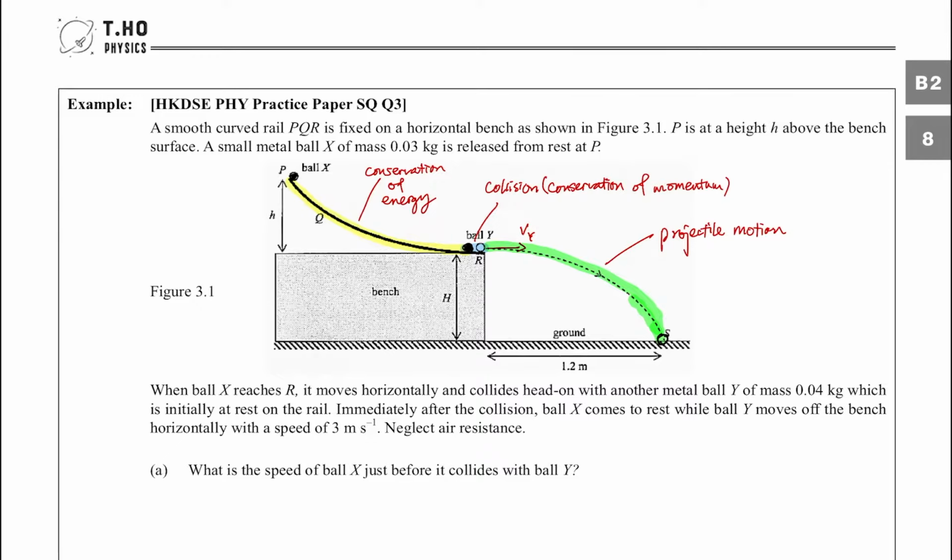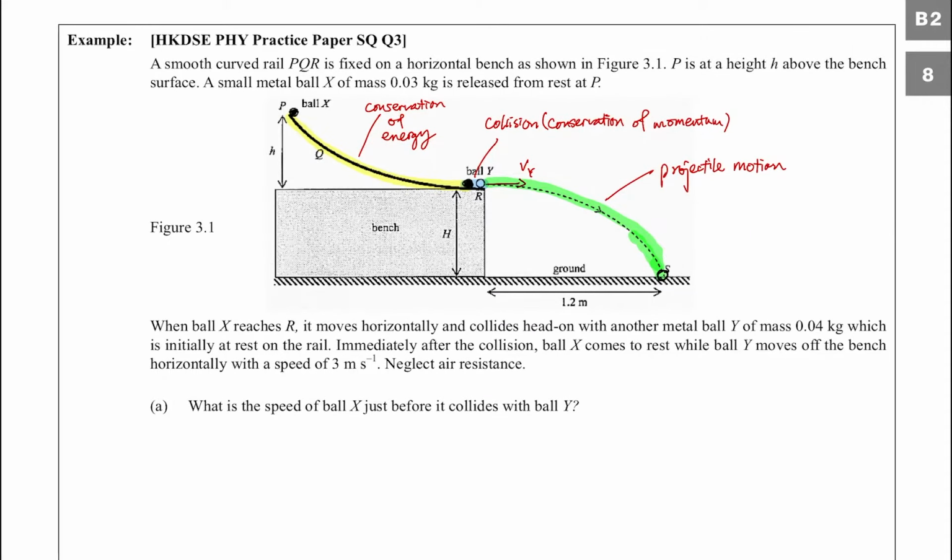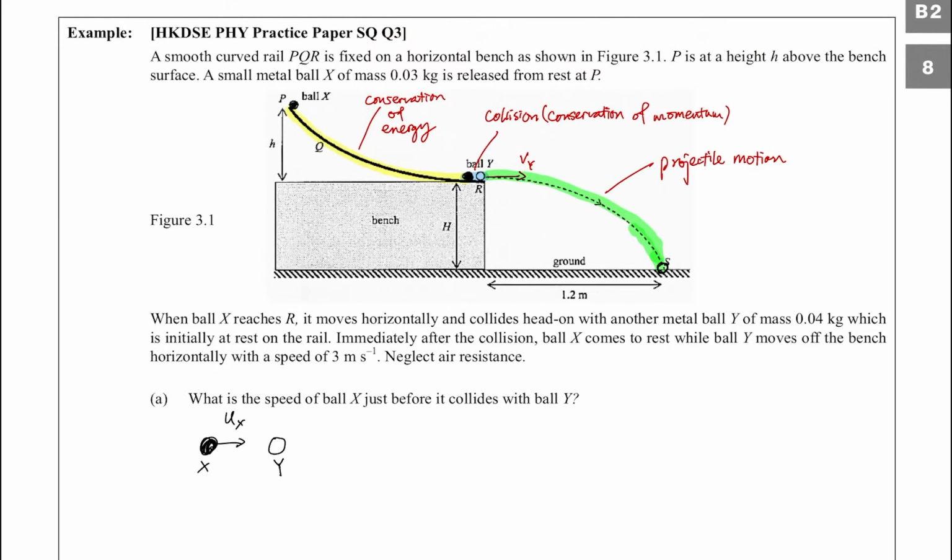So firstly, let's focus on the collision part first. The collision part is like this. The ball X is originally moving to the right at an unknown speed. We would like to find the value of this unknown speed towards ball Y. So we have a ball X and ball Y. After a while, they collide with each other.